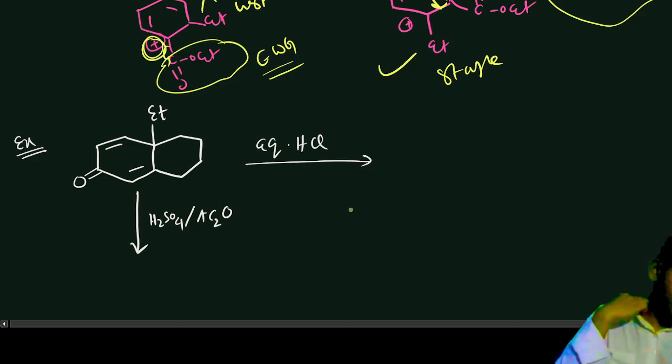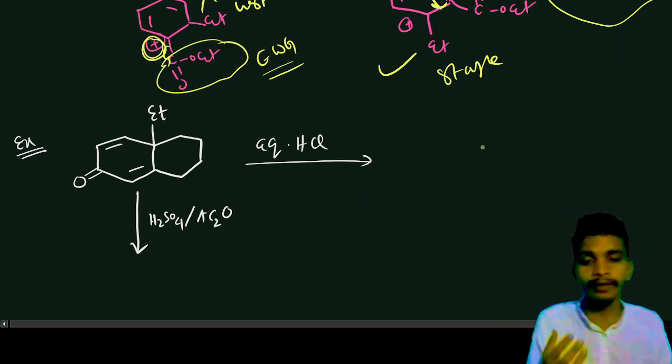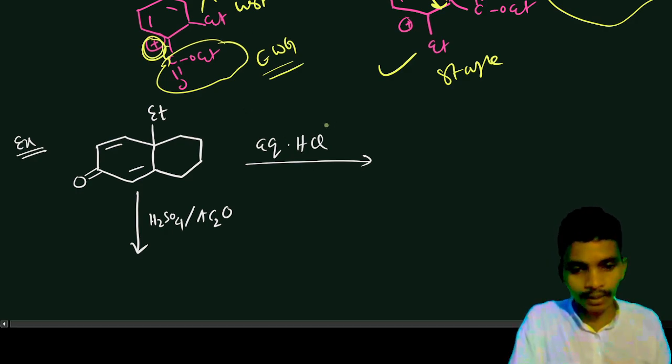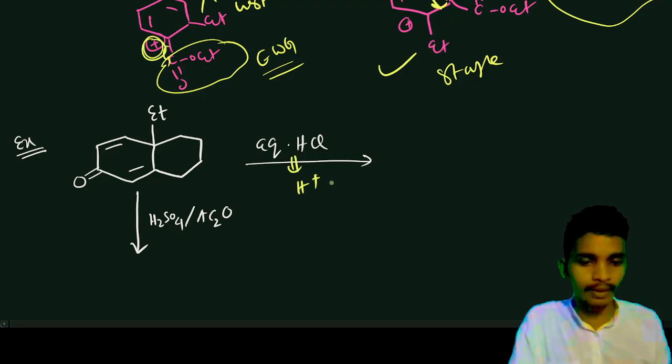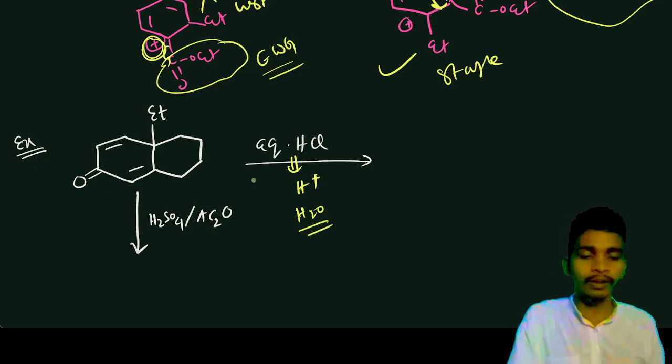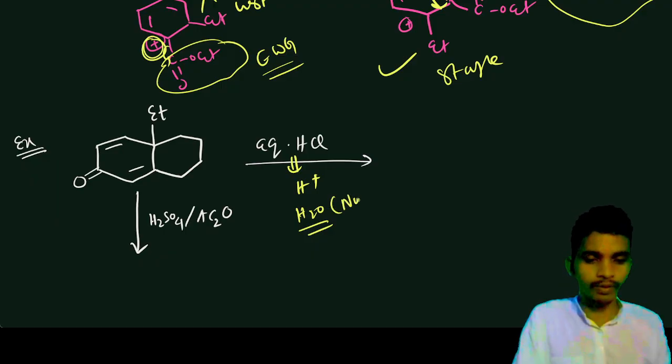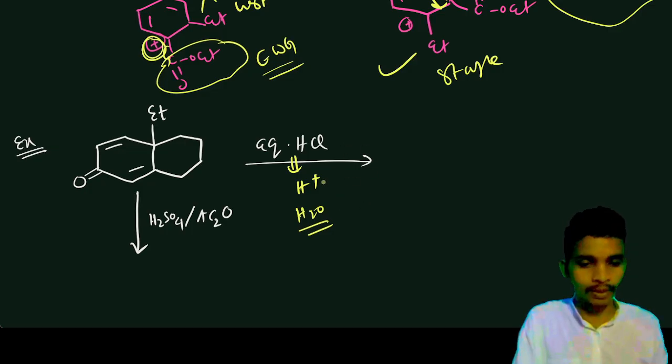Now the last question for this dienone phenol rearrangement. What I said is that whenever you have aqueous HCl, that is H plus, and water is there in the reaction, or the solvent is nucleophilic, this is a nucleophilic solvent, or you can say this is an aqueous solvent, because water is there.